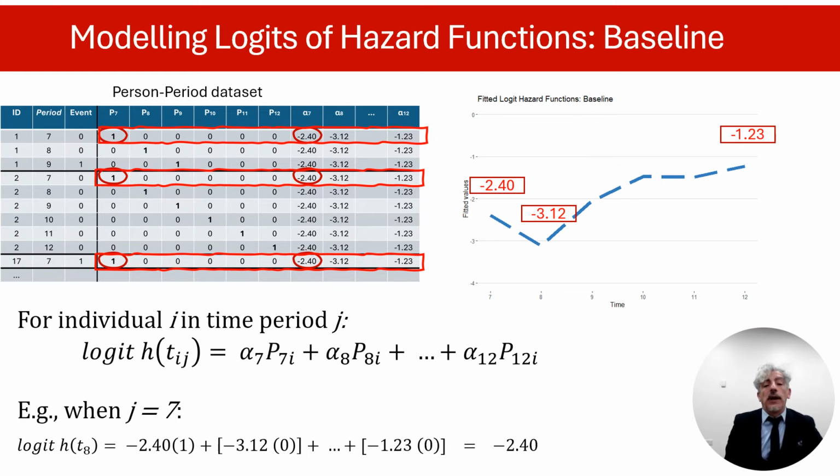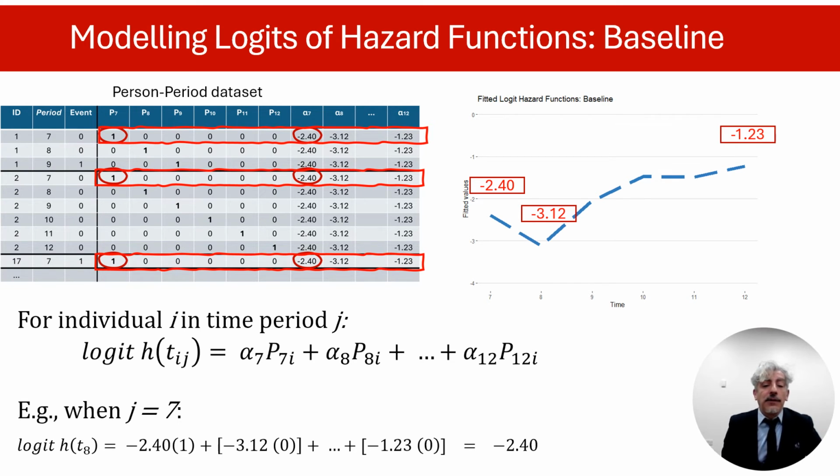So say when the time period is 7, we take this equation, substitute the P indexes with the values in the row corresponding to period 7, and also substitute the alphas with the values in the row for period 7, and we will obtain that the logit hazard for period 7 is equal to its specific intercept, minus 2.40.